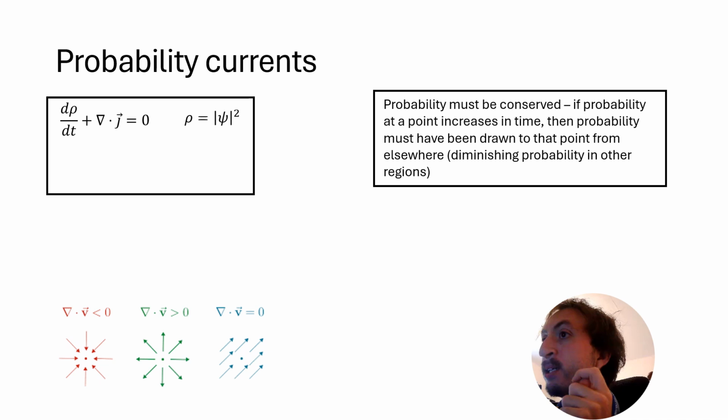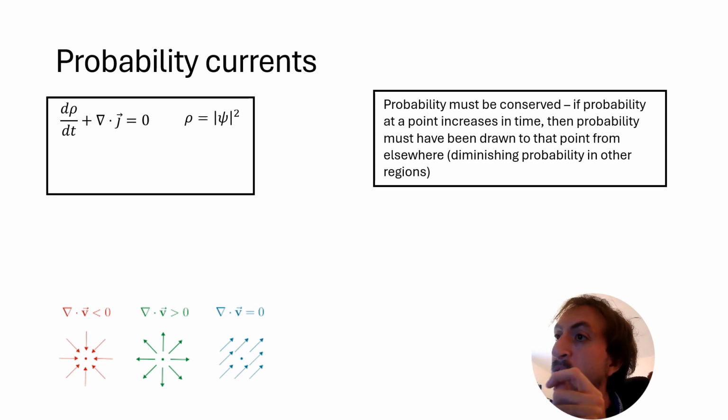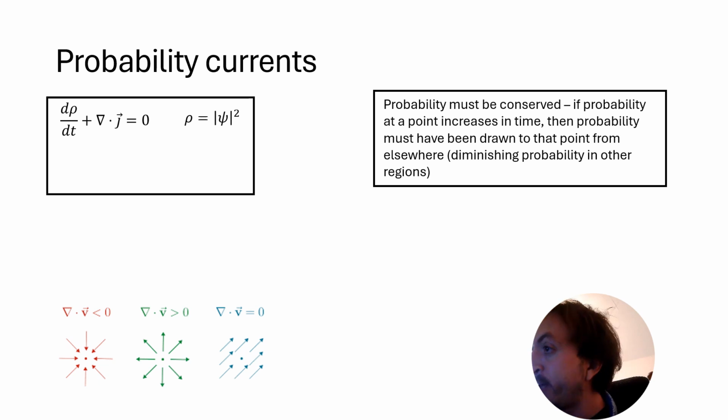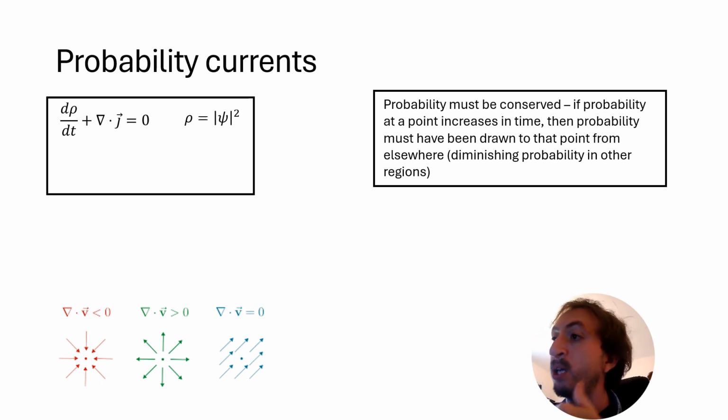So instead of rho representing charge density, now rho represents probability density, which in the case of the wave function in Schrodinger's equation is just equal to the modulus of the wave function squared.